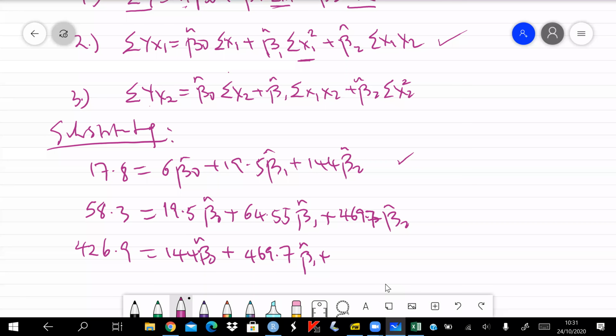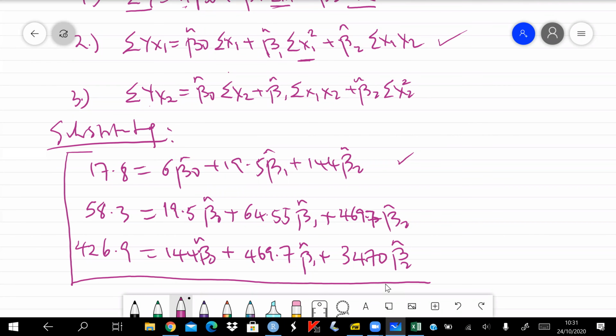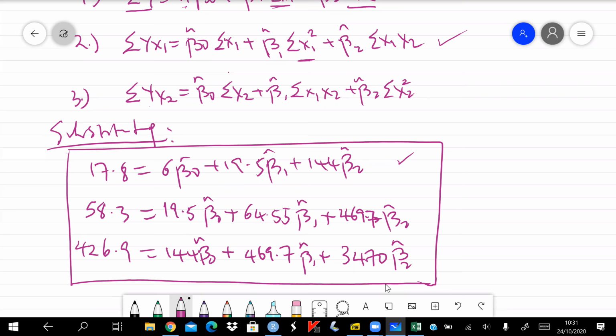And finally, we have beta 2 summation of x2 squared, and this is 3470 beta 2. So these are the simultaneous equations we are talking about.